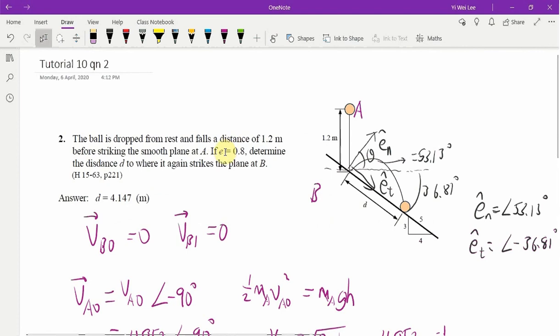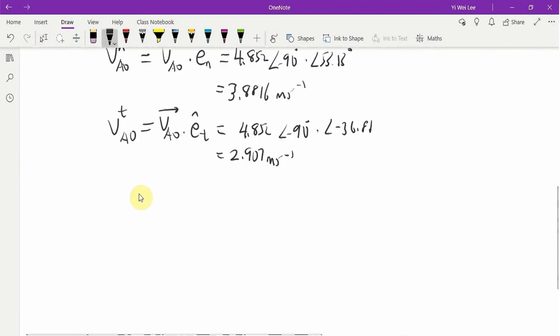The next thing to do is that we want to use the coefficient of restitution equation. First of all, definitely we have to find VA1. So we also have to resolve our final velocity after collision in the EN and ET direction.